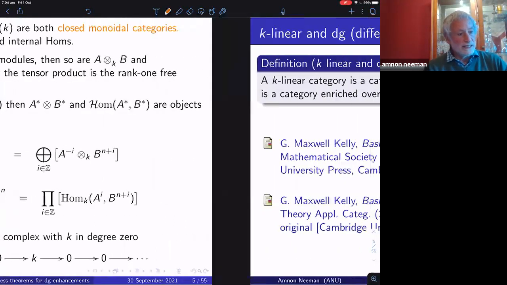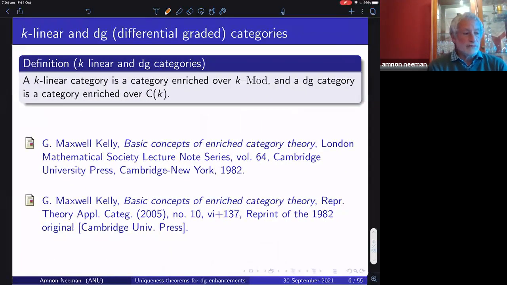Okay, so now one can define what one means by a K linear category and by a DG category. So the short definition is that a K linear category is a category enriched over K mod, and a DG category is a category enriched over C of K. Anytime you have a closed monoidal category, you can enrich another category over it.